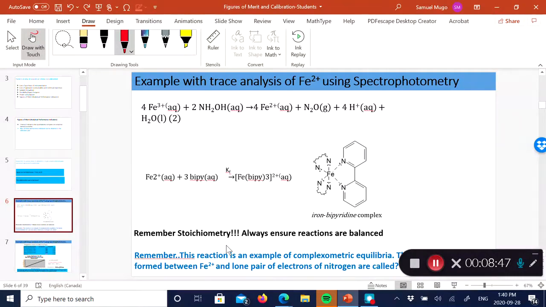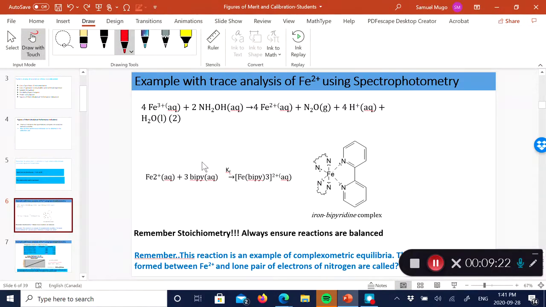Now, as you do the labs, I emphasize the importance of not only getting the hands-on experience, but also understanding the chemistry at play in that particular lab. So it's important for you to read the introduction and understand the chemistry that is at play in that particular lab.